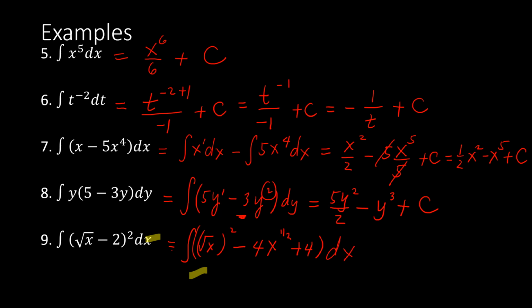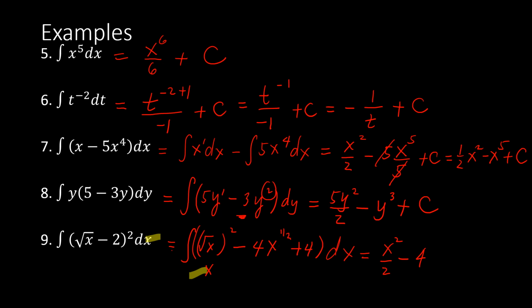Alright. So square root of x squared is x. So the integral of x dx is x squared all over 2 minus 4. We evaluate this one, x to the 1/2.